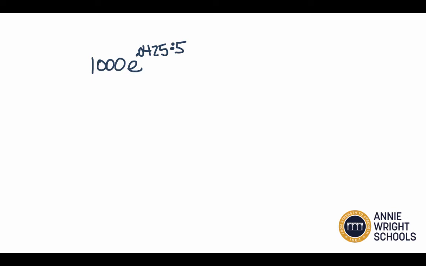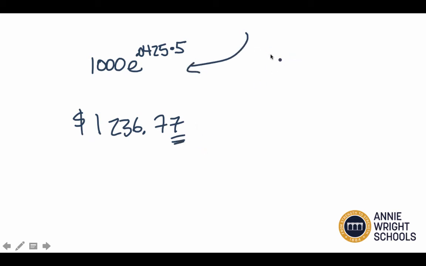We'll get to that later this unit. Use a parenthesis, and with continuous interest, you get 1,236.77. So it does slightly more than the other examples. This is what you want to be using for most bacteria, the way medicine comes out of your body, things like that.